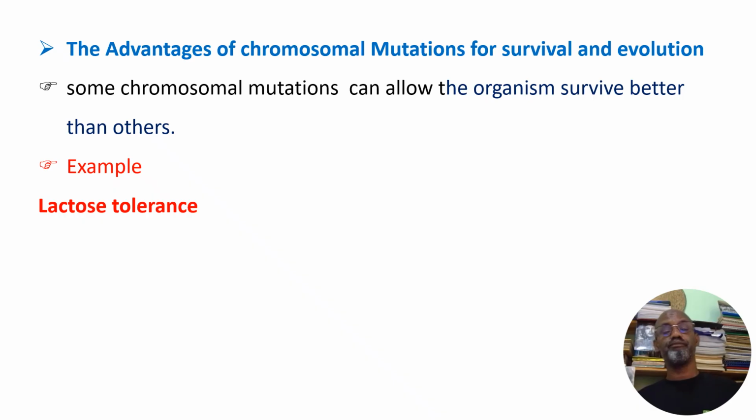After weaning, in adulthood, the human genome underwent mutation, which has changed the genes that control the production of lactase, the enzyme, so that you can keep the enzyme at adult stage.